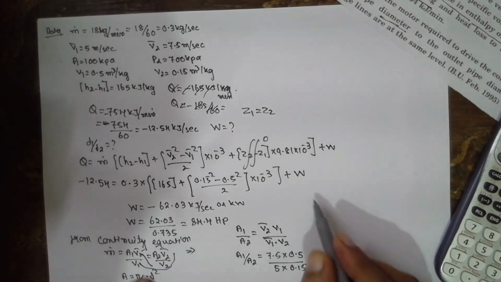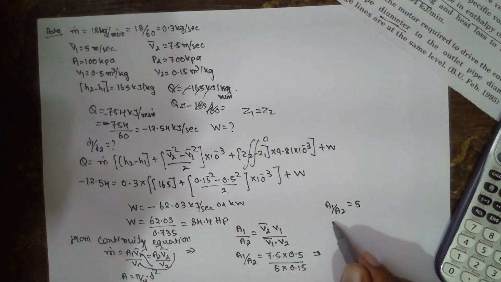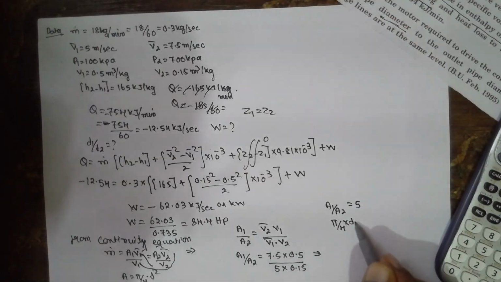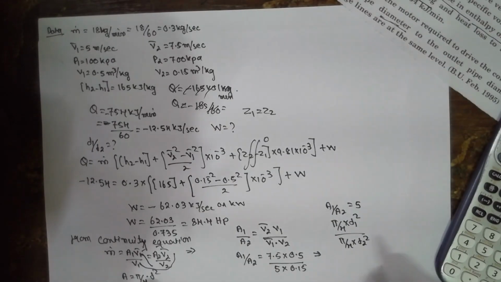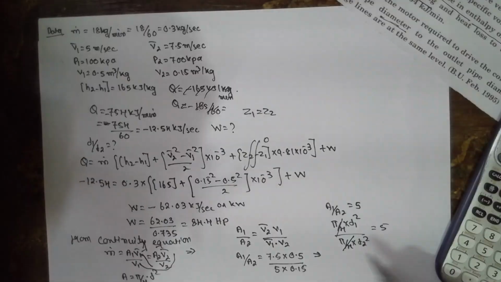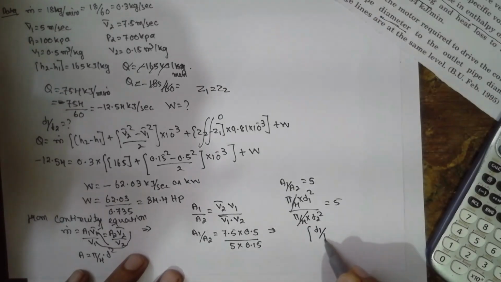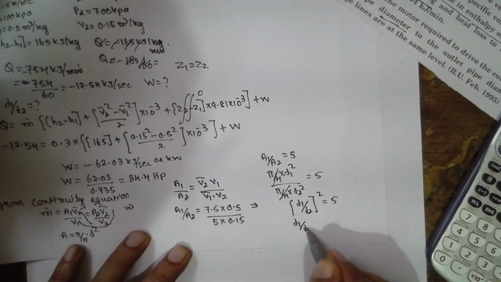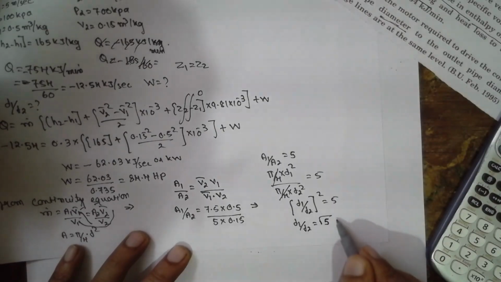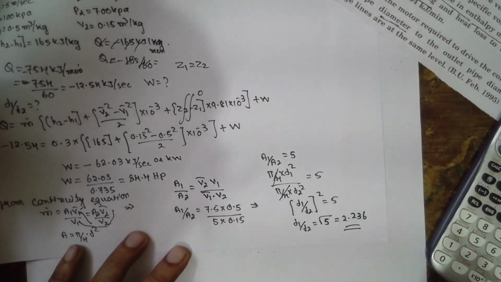That means A1 divided by A2 is equal to 5. A1 is pi by 4 into d1 square divided by pi by 4 into d2 square, the area at the inlet over the area at the outlet, equal to 5. Pi by 4 cancels, so d1 divided by d2 whole square is equal to 5. d1 divided by d2 is root 5, which is 2.236. This is the ratio.